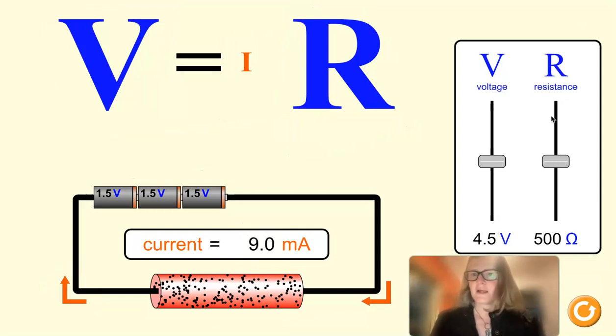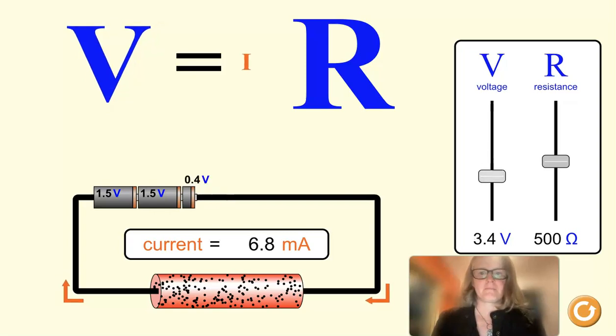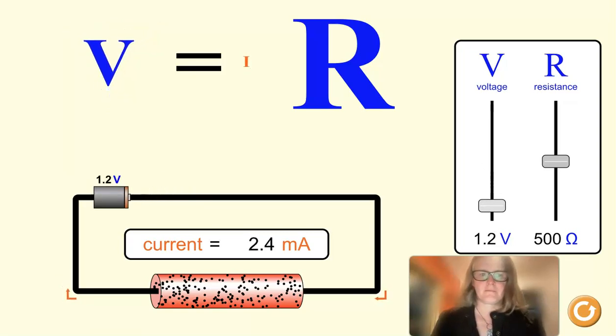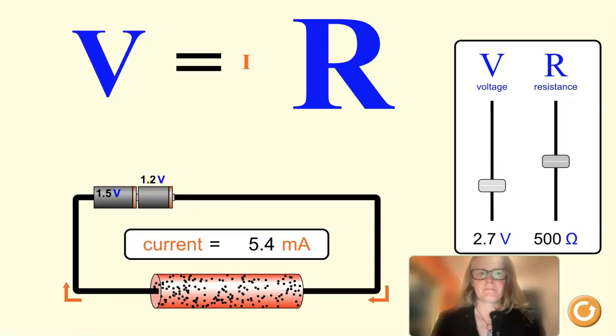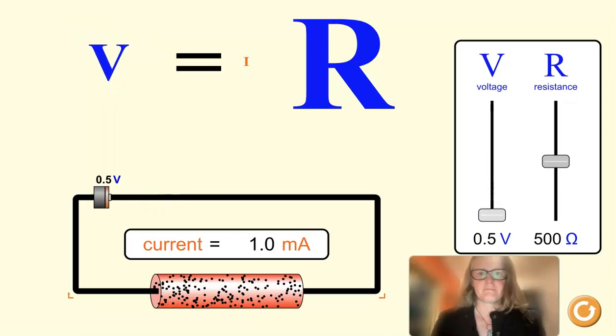We'll start off by reducing the voltage. So let's have a look at some of the changes that happen in the model when we move the slider down. I'll do that again. I'll reset it. Let's have a look what happens. Well, I've noticed a few things.